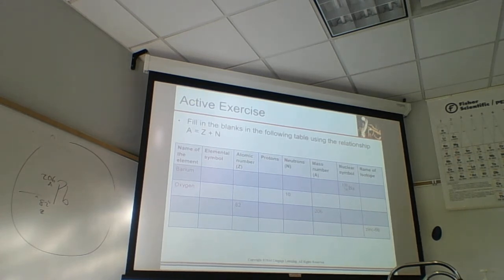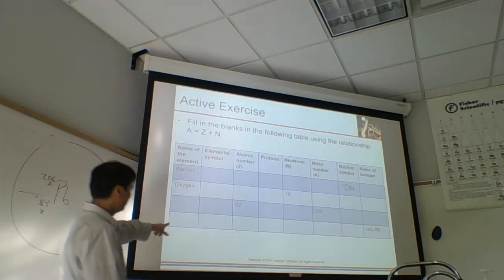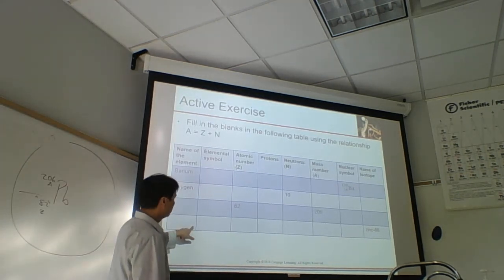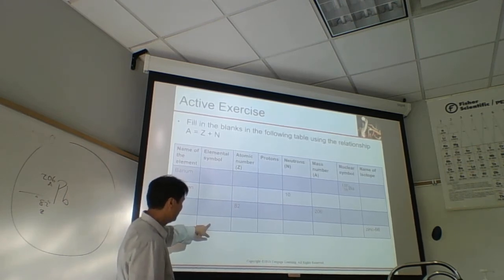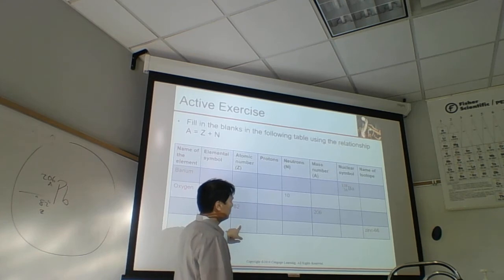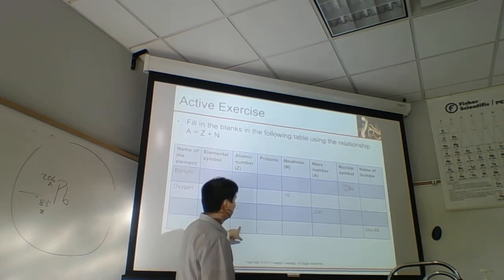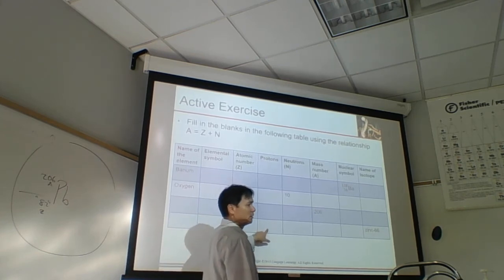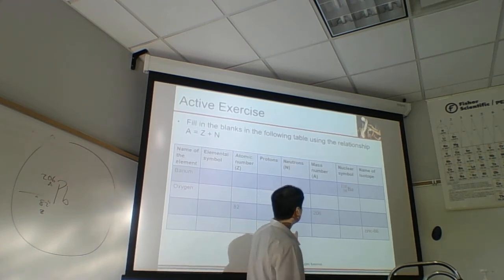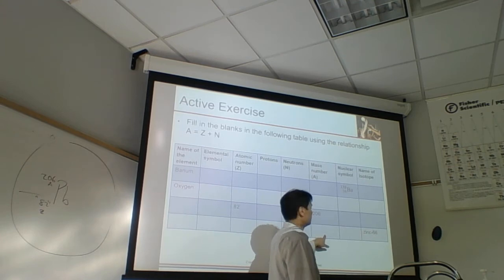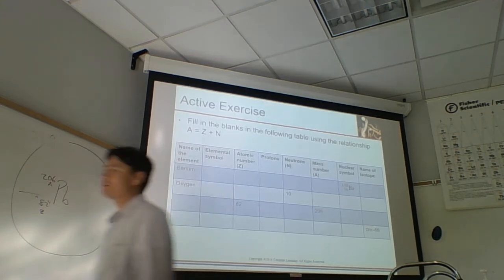You see it? 30? The name of the element, zinc. The elemental symbol, Zn. Atomic number, 30. Number of protons, 30. Number of neutrons, 36. Mass number, 66.